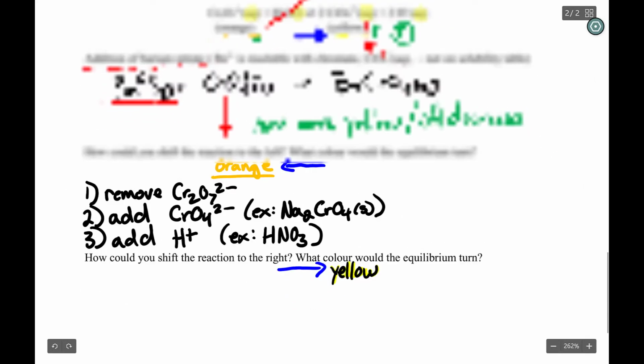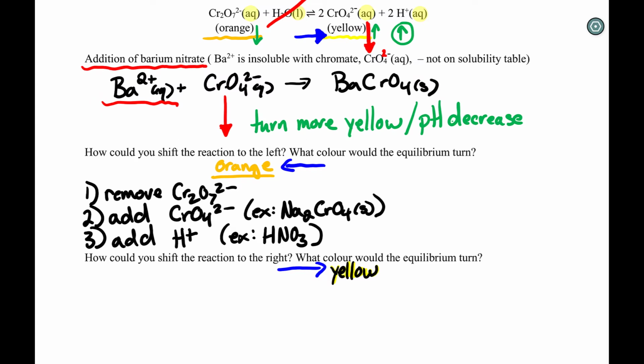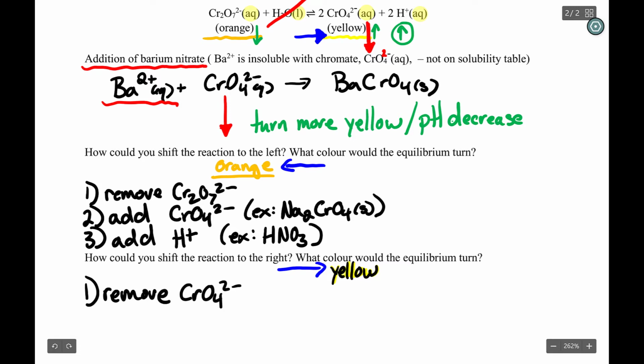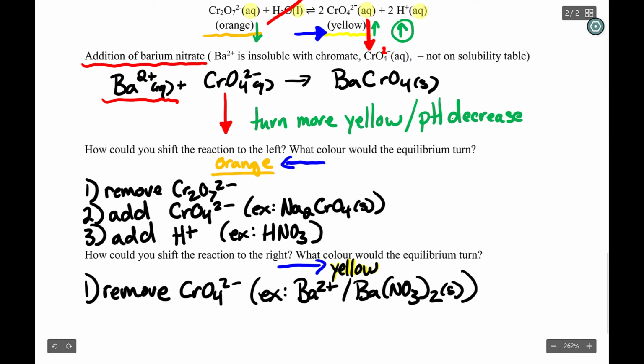We've already done one way of shifting to the right, which was to, 1, remove the CrO4 2-. For example, I could add barium ion, or barium nitrate, and that would cause a precipitation and it would shift towards the right.